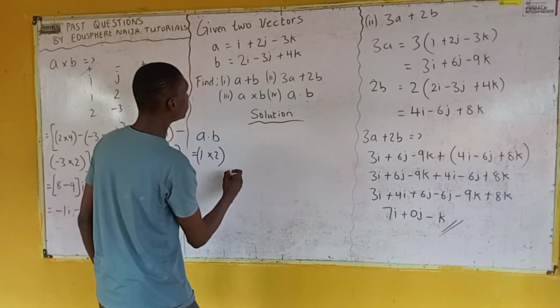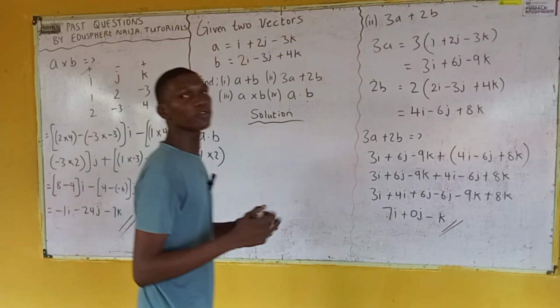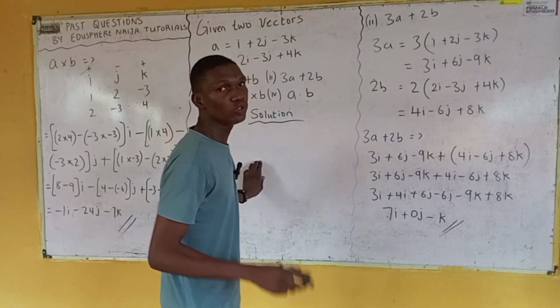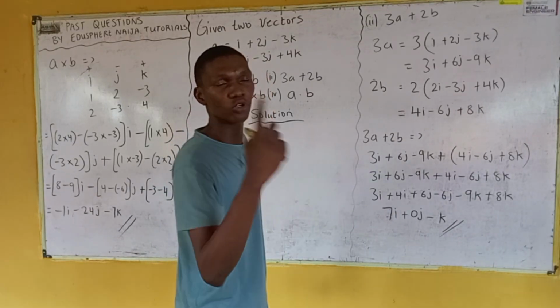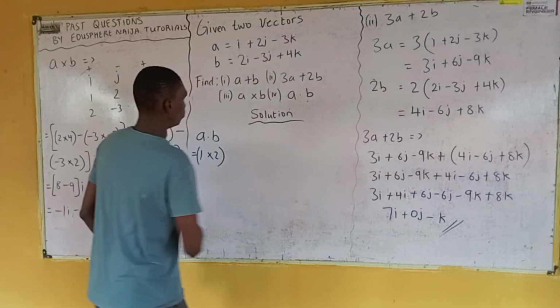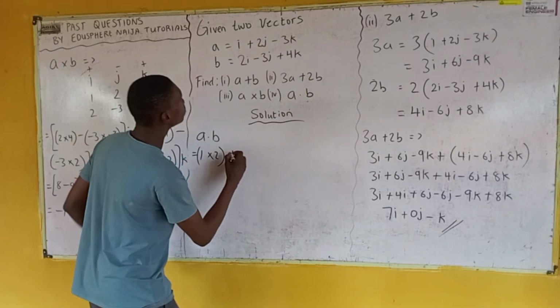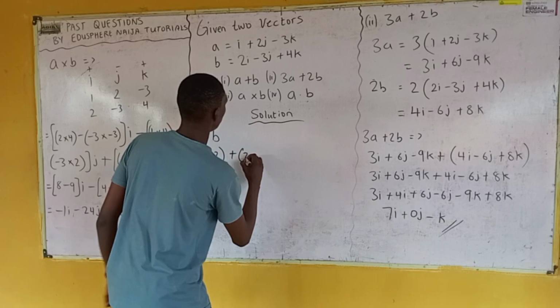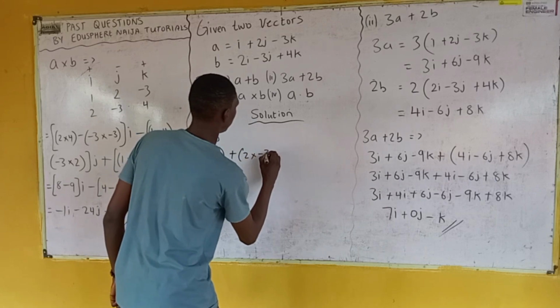Note that for this dot product, you are not putting your i, j, k because you have to get just a single answer. Add it to the next one, which is 2 times minus 3.